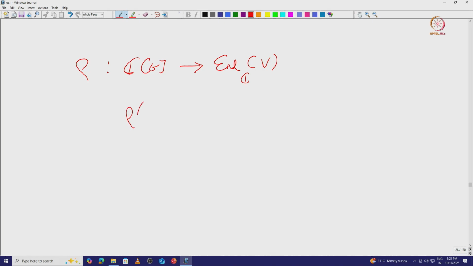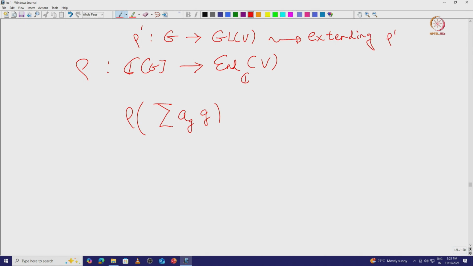So, how is this rho defined? You take the linear combination. Rho dash is given to us, a map from G to GL(V). Extending rho dash C-linearly, we get rho.